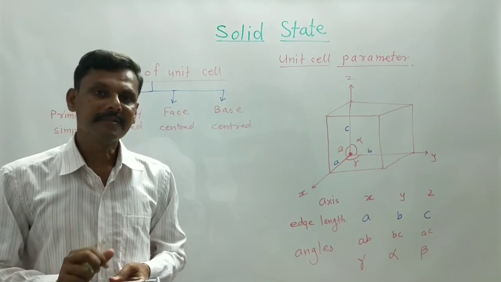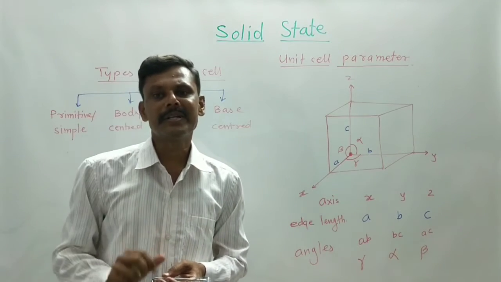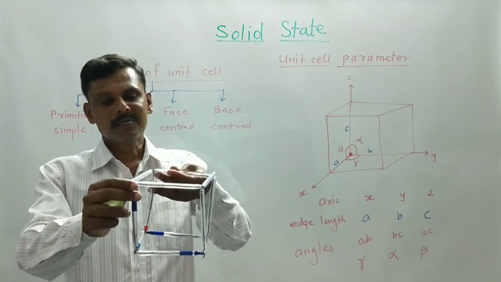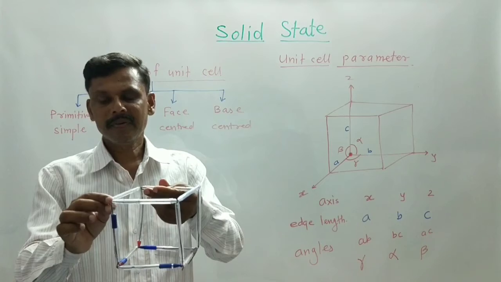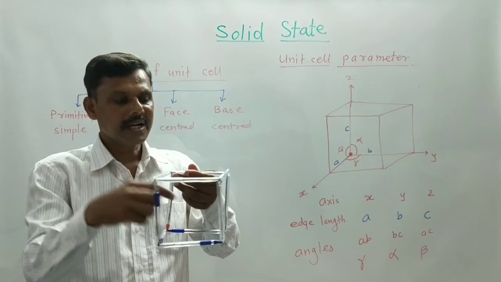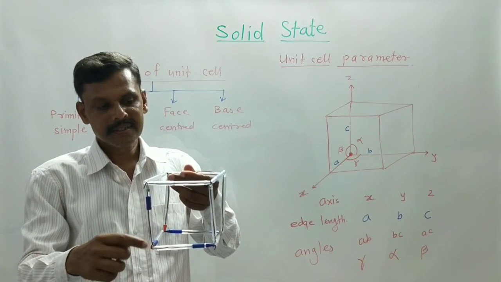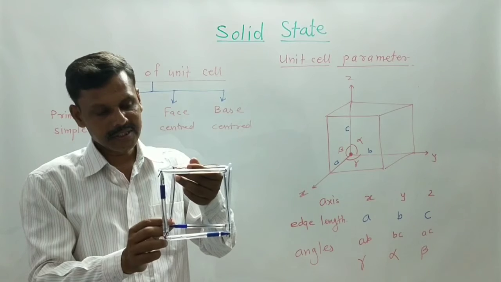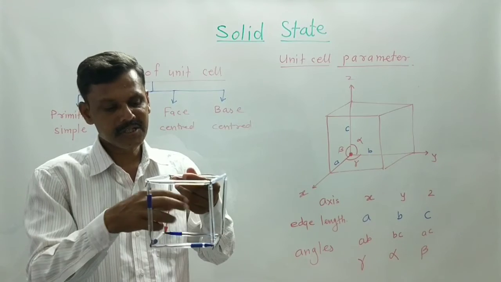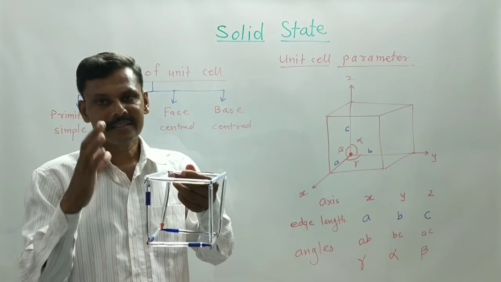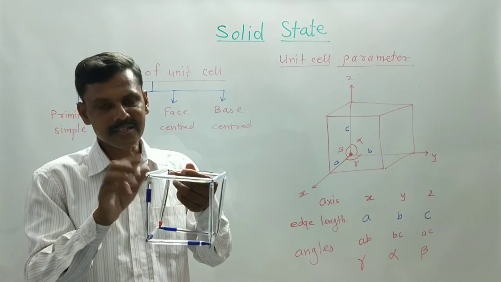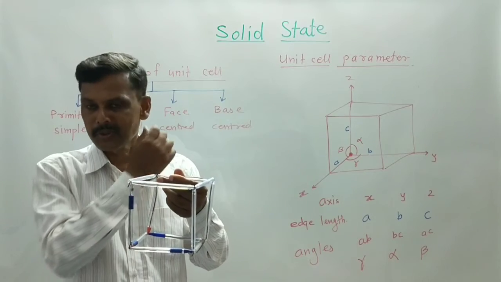Got it? Then second, body centered unit cell. Suppose for this unit cell, I join this point to this point, then this point to this point. Similarly, these 2 points and these 2 points. When I connect these points, I get a center, that is the center of this body, the center of this unit cell.